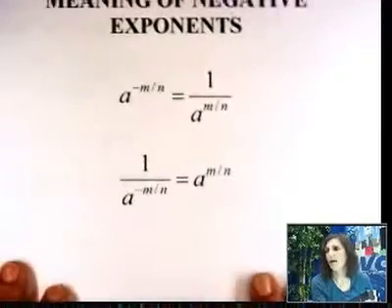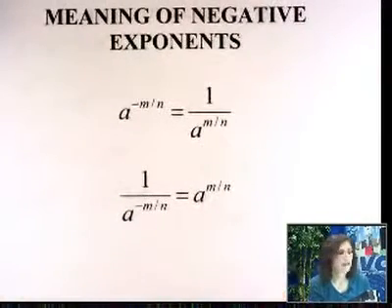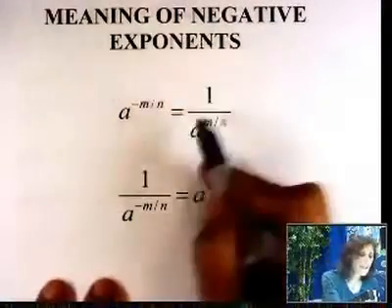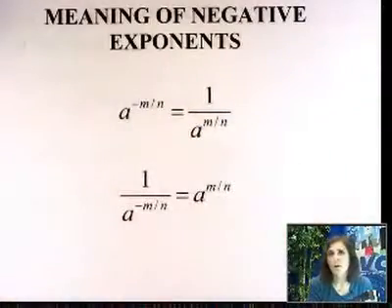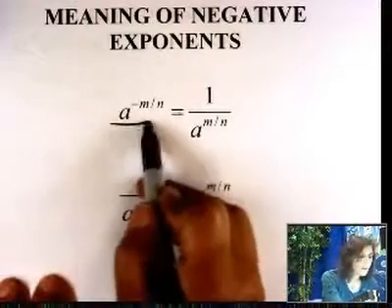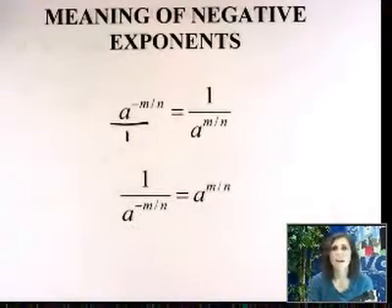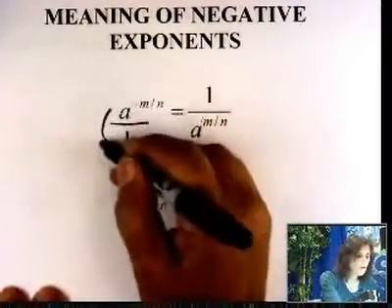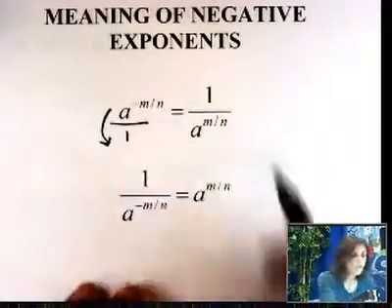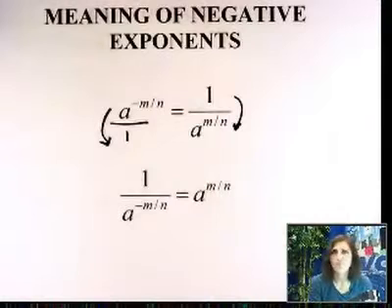What happens when my exponent has a negative? Just think of it as meaning the exponent does not belong there. This is like a to the negative m over n over 1. So this is in the numerator. When you have a negative, it means it should jump to the denominator.